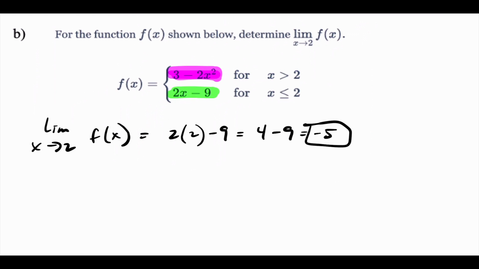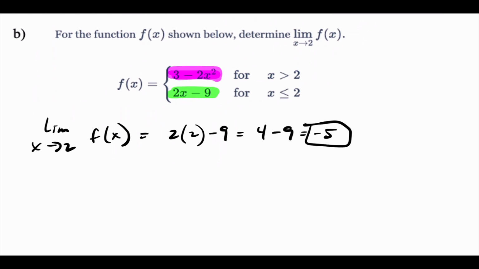I have to check both. Because the green tells me before 2. That's the negative side, right? So I have to check it to the right of 2 as well, which is the pink one. If they match, that's the limit. If they don't match, does not exist.